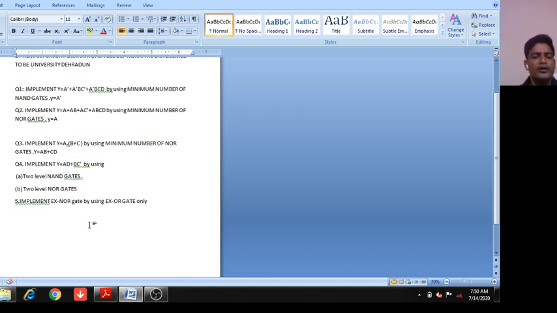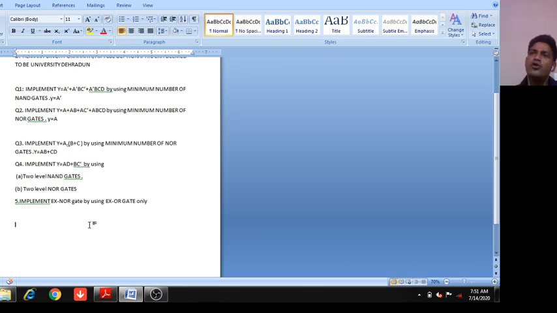Okay, last question, implement an XNOR gate by using XOR gates only. In the last lecture I discussed that if one input of an XOR gate is 1, it works as an inverter. So 2 XOR gates are required. First make one XOR gate, A XOR B, then draw another XOR gate whose input is the output of the first XOR gate.